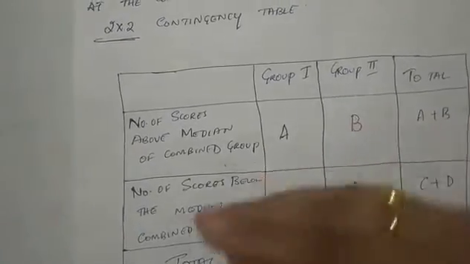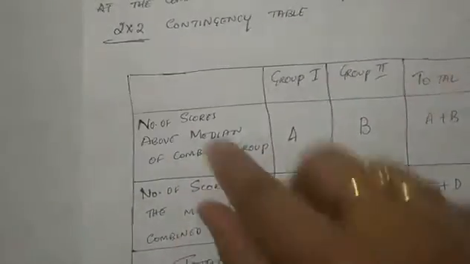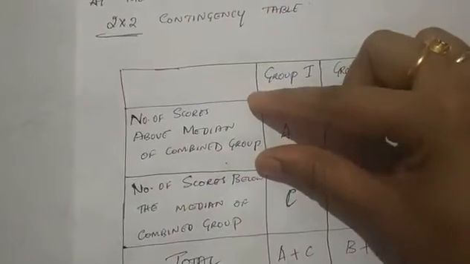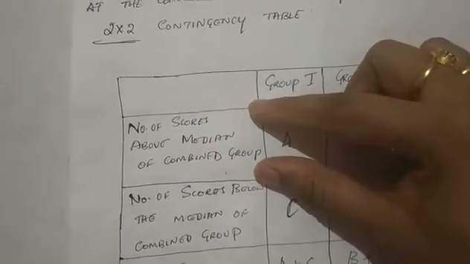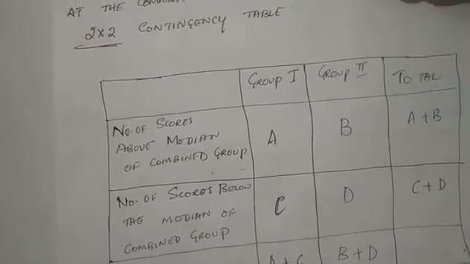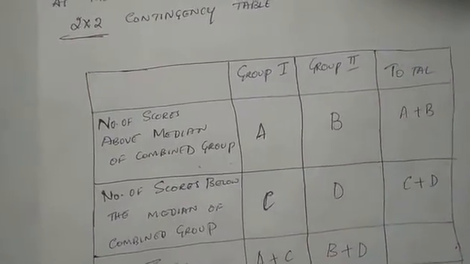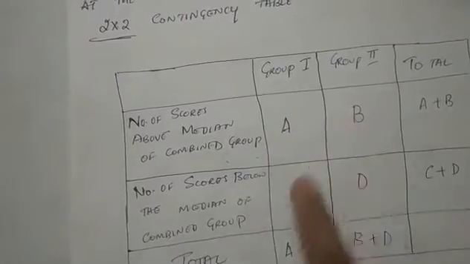So above the line we have two distinguishing columns. Scores which are above the median are listed here, and scores which are below the median are put into the lower section. So we have the table A, B, C, D.